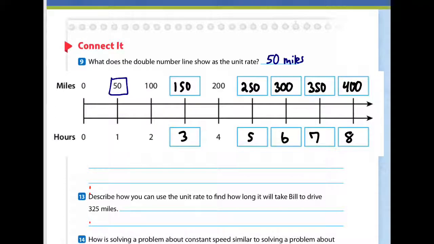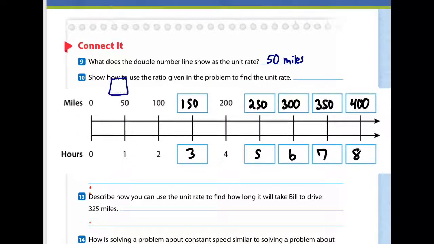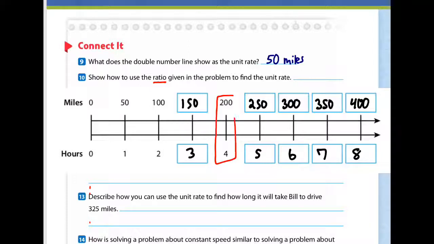Okay, let me move this guy down here. All right, and I'll erase that slop. Number 10 says, show how to use the ratio given in the problem to find the unit rate. So what they are saying, remember the ratio that was given in the problem was 200 to 4.